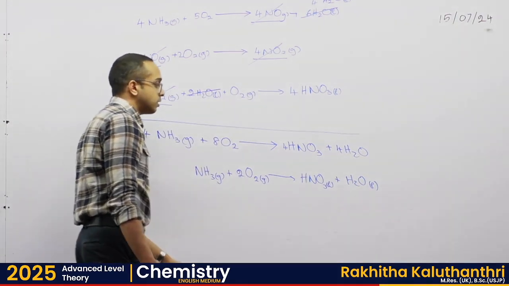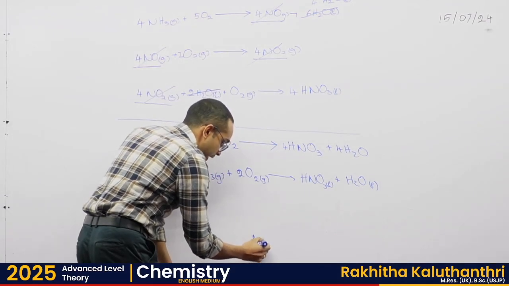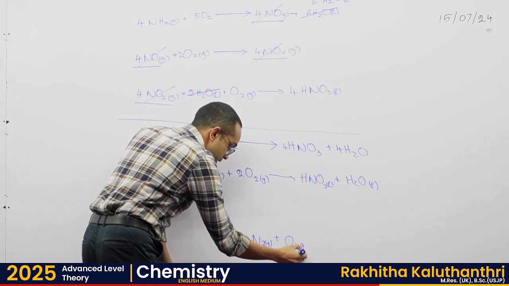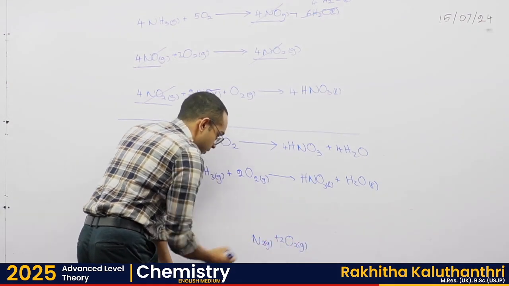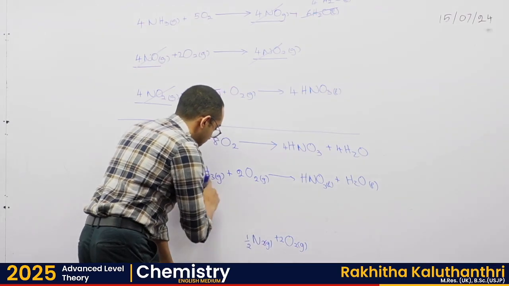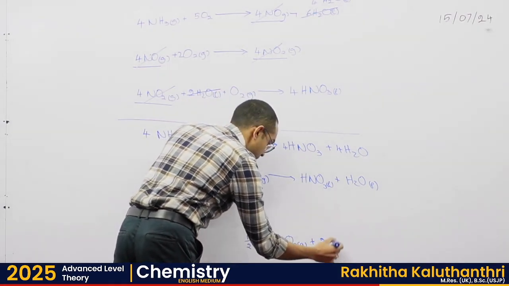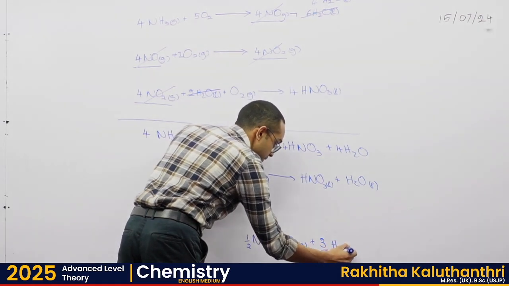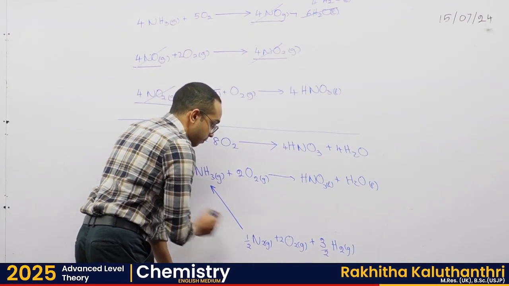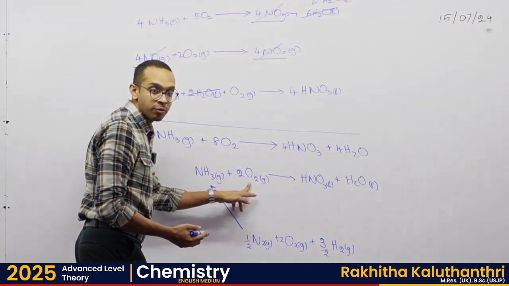Now from here onwards, it's a simple formation enthalpy. We need nitrogen gas, we need oxygen gas, right? We need half a nitrogen gas actually, and we need hydrogen, 3/2 hydrogen gas. Now these can be used to form ammonia. Oxygen in its element form, does it have to be formed?